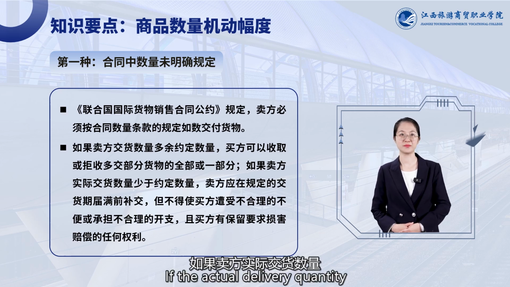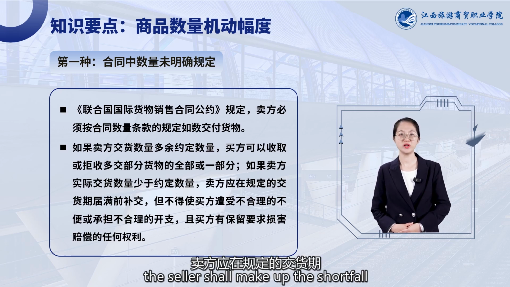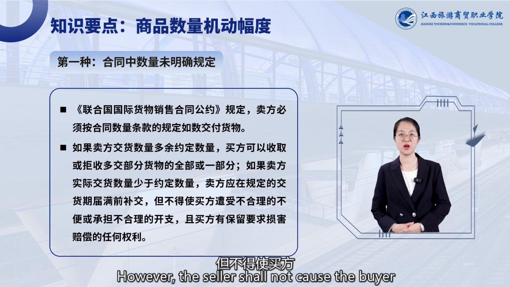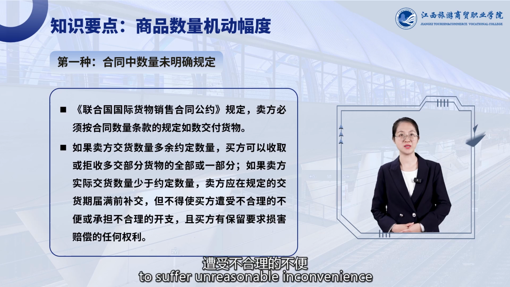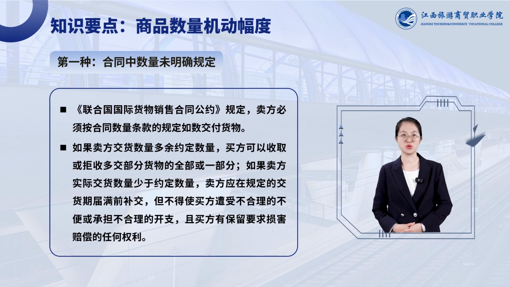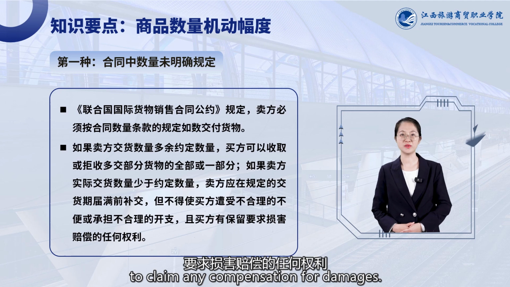If the actual delivery quantity is less than the quantity specified, the seller shall make up the shortfall before the expiration of the agreed delivery period. However, the seller shall not cause the buyer to suffer unreasonable inconvenience or bear unreasonable expenses. The buyer also retains the right to claim any compensation for damages.